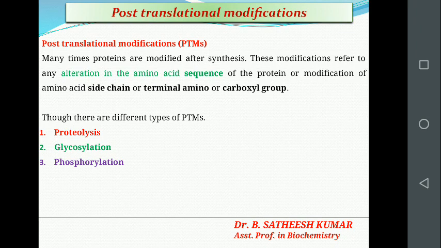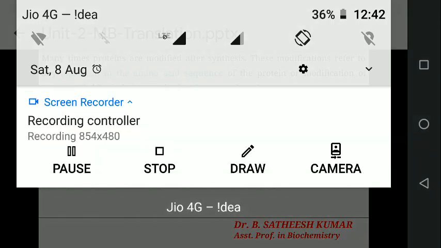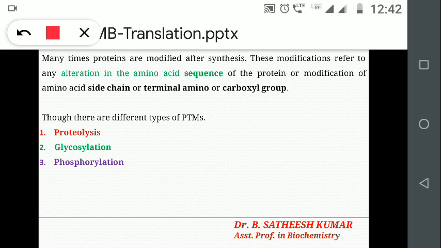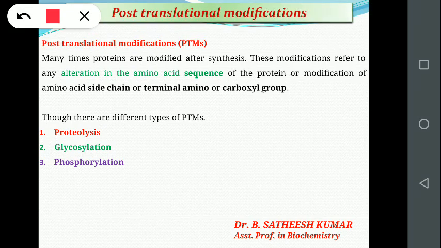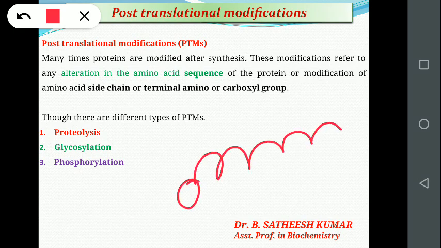So this is the translation process in prokaryotes. Once the translation process is finished, what happens? We will get a polypeptide chain. The first amino acid of the newly synthesized polypeptide chain will be formyl methionine, because AUG is the start initiation codon for every mRNA molecule.